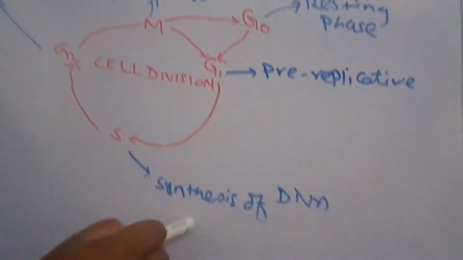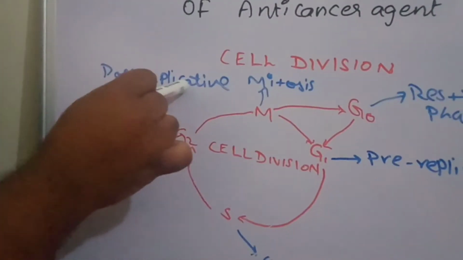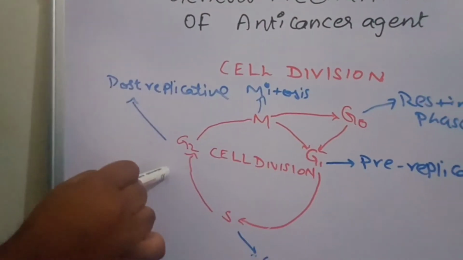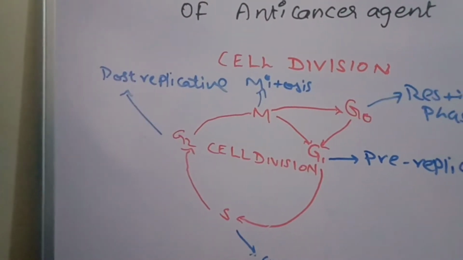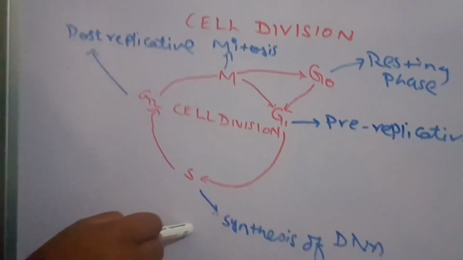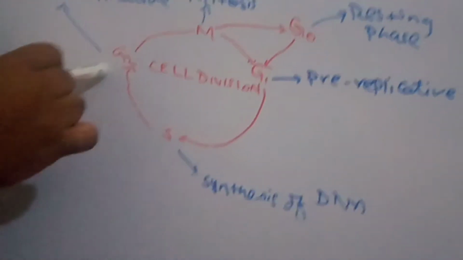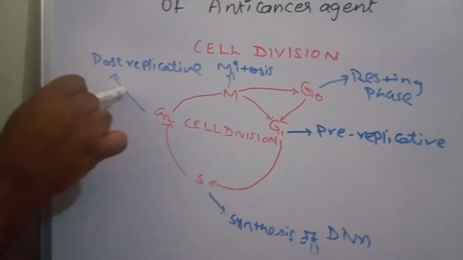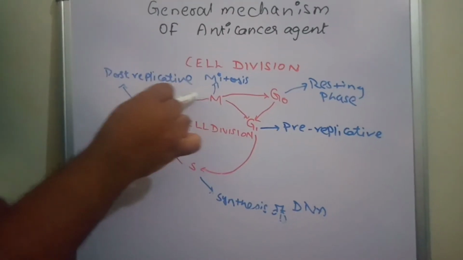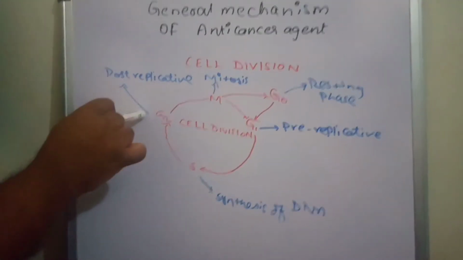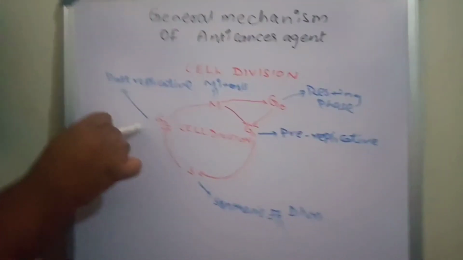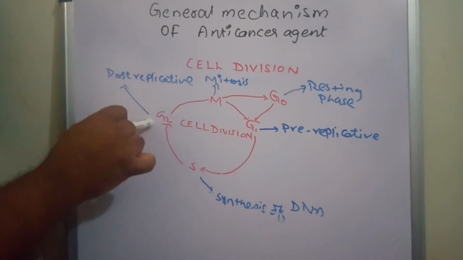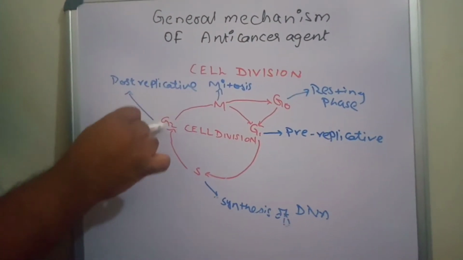So the G1 phase is the pre-replicative phase, the S phase is the synthesis of DNA, and G2 is post-replicative. What does post-replicative mean? Once the synthesis of DNA has taken place, the cellular components required for cell division or mitosis are being produced in this phase.